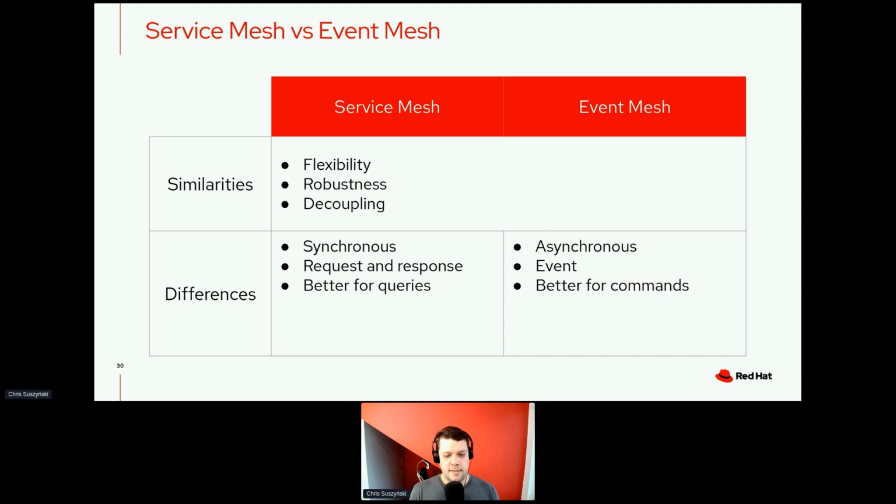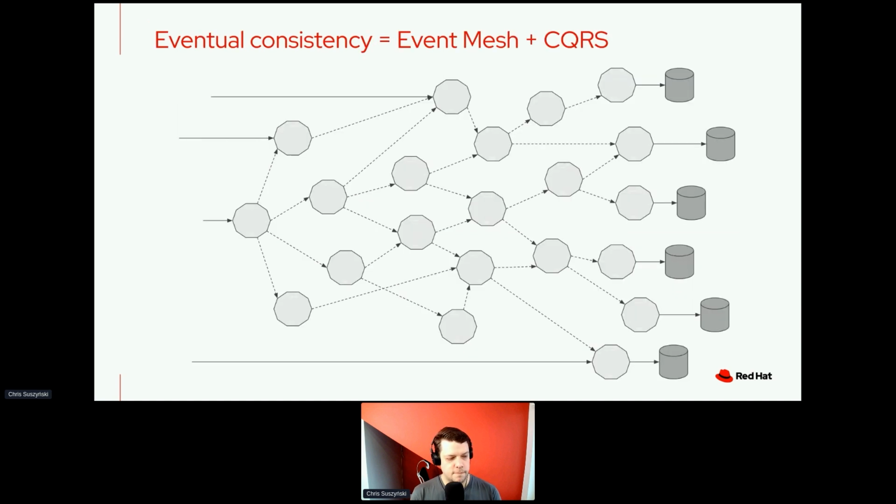We could ask a data store to give us an answer, and we have the answer directly. So if we do this, we often don't need a service mesh, just the event mesh and queries going directly to the data store.